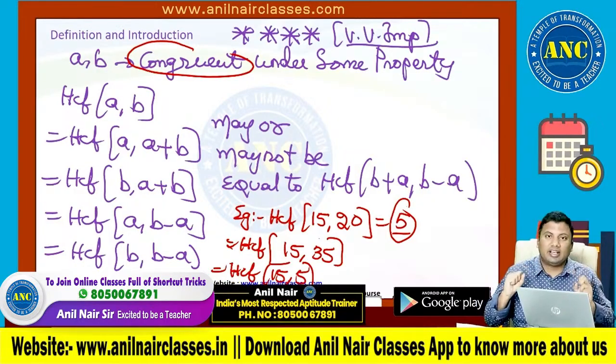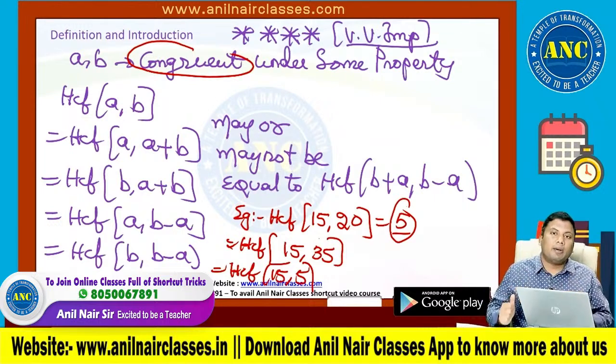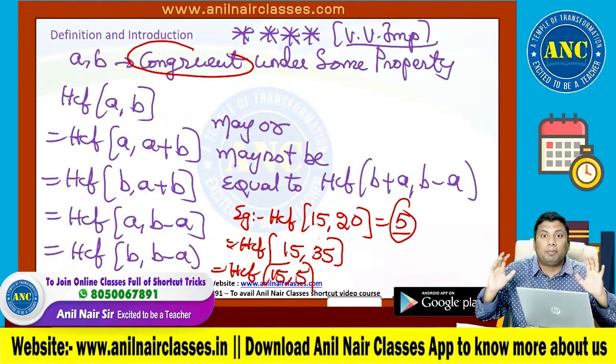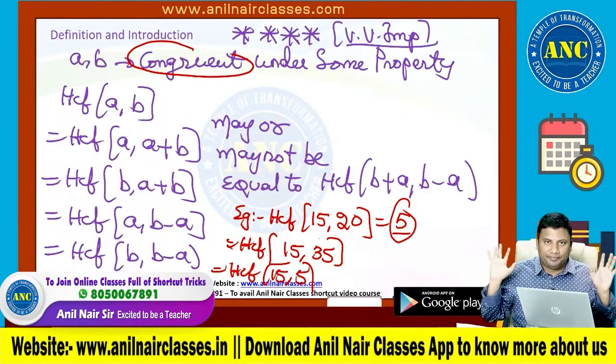In the previous example, two numbers are co-prime numbers, so A and B are congruent under the co-prime set. In the second example, 15 and 20 are congruent under a set which is multiples of 5.